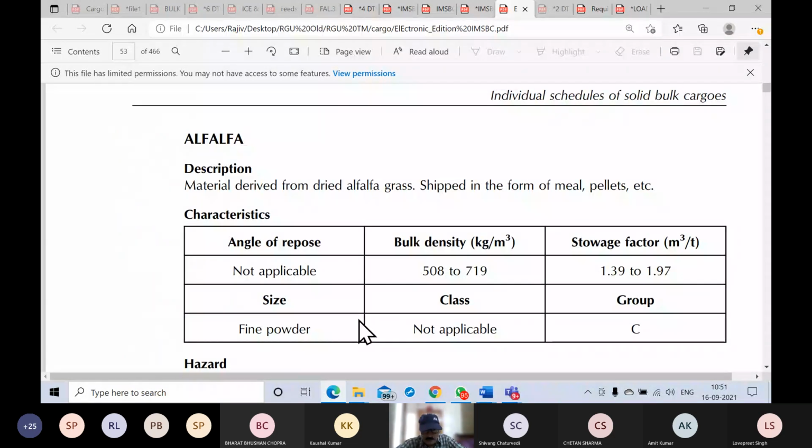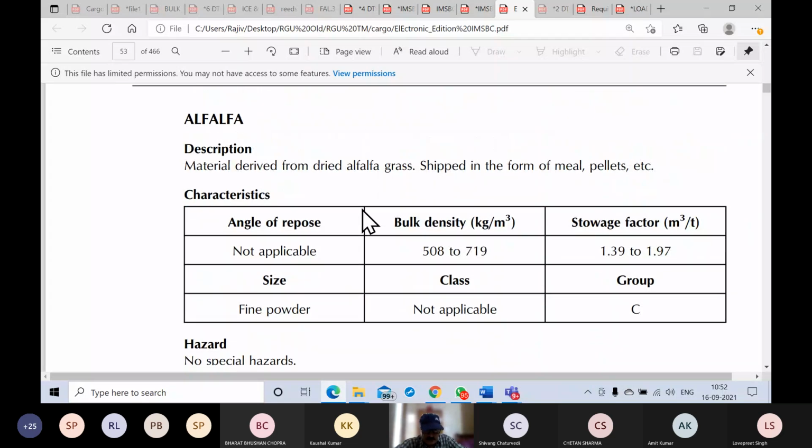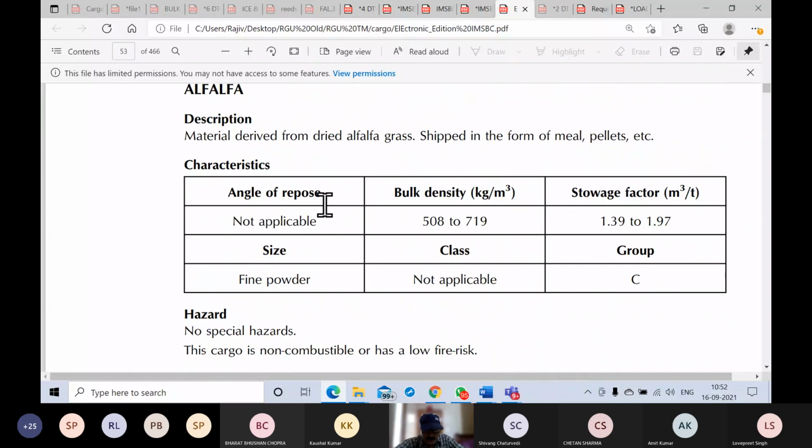You will have to go back here, and then all cargoes listed in the code are described like this. Like example alpha alpha, the description is given, then characteristics are given: angle of repose in this case is not applicable, bulk density is given, storage factor, class, group C, and size is fine powder.